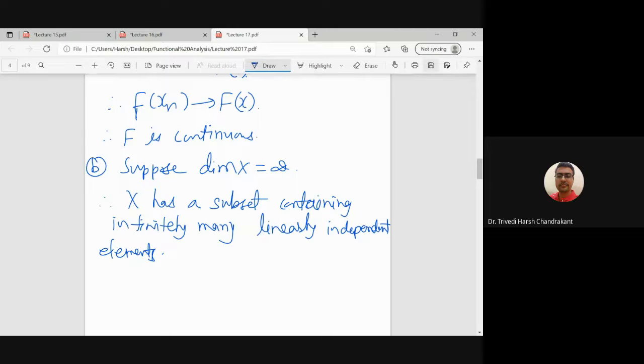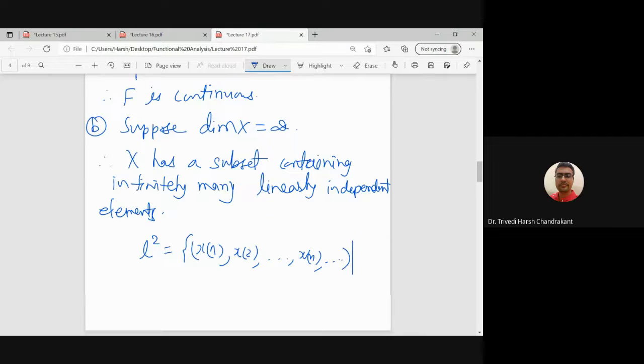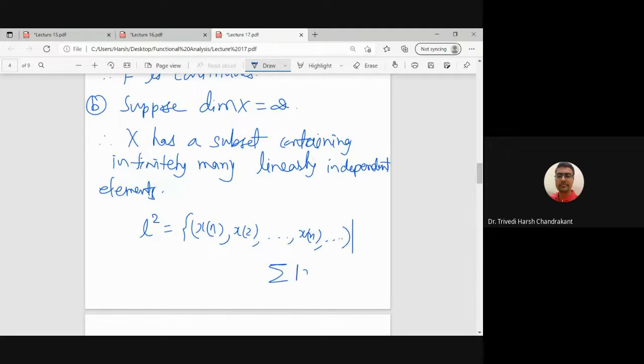Now these are infinite coordinates. So now suppose we have this L2, that is the sequences x1, x2, ..., xn, ..., so that the summation of xj squared is convergent.